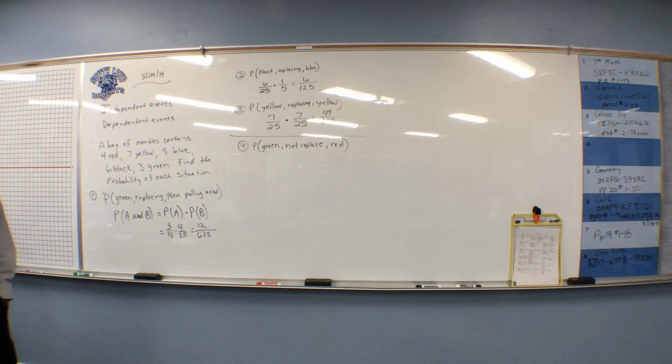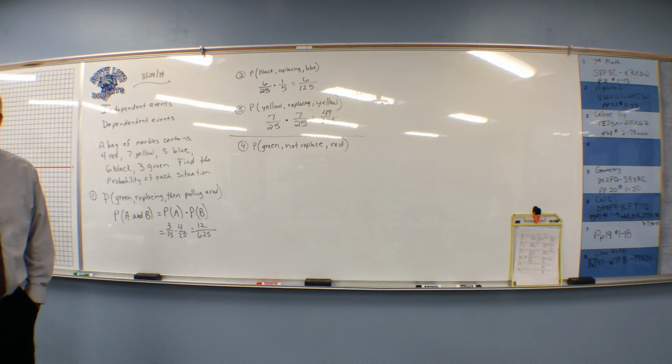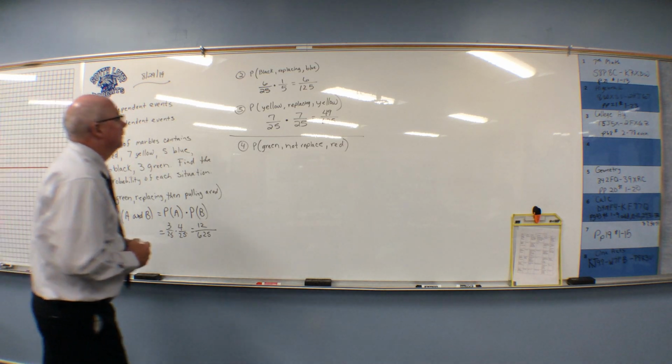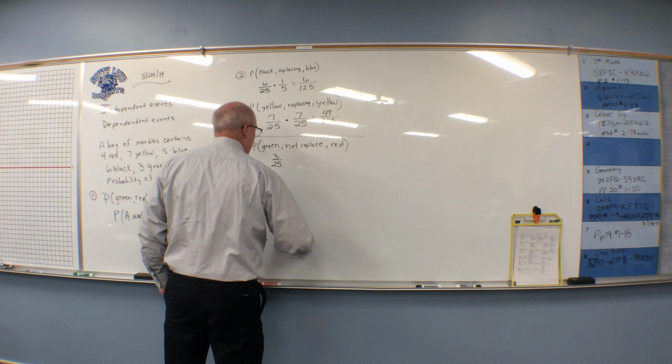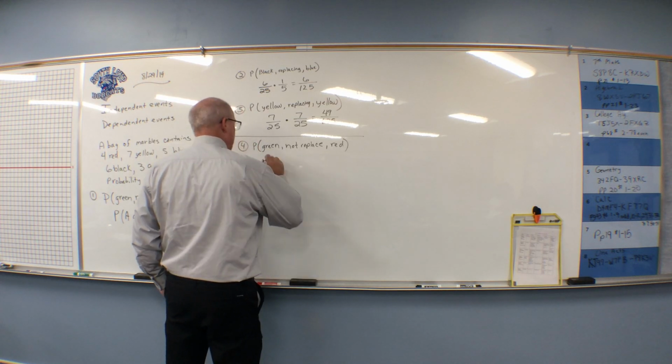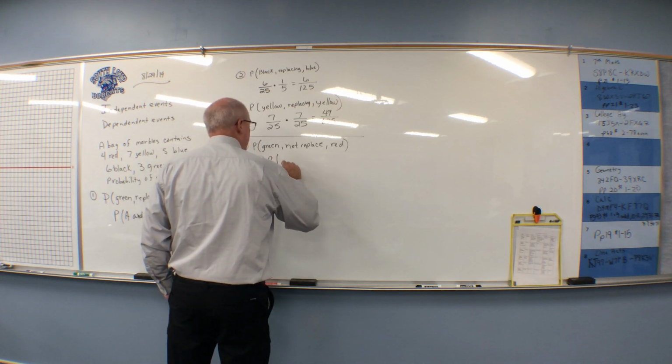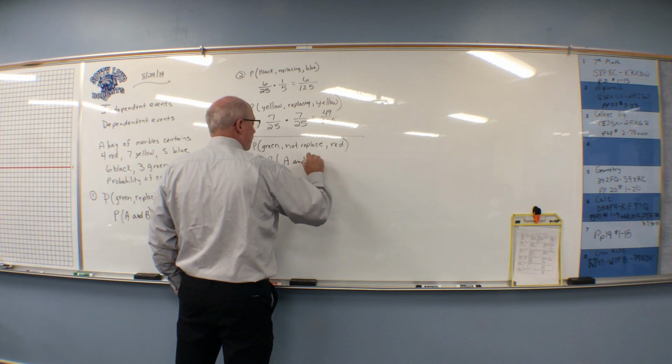Okay? All right. So what is the probability of pulling out a green? Maya? 3 over 25. We're going to take that times... Oh, by the way, what's the rule? This time, it's the probability of A and B. Same thing, right?